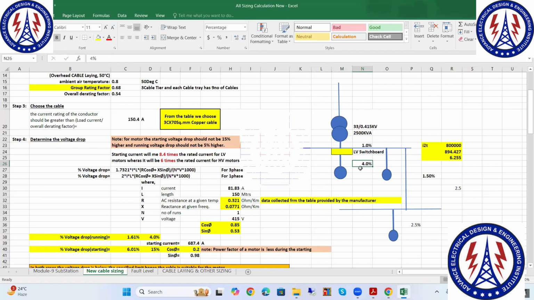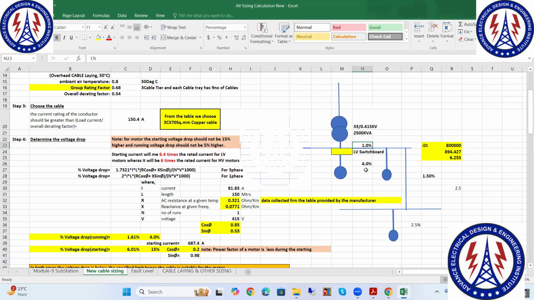That depends upon the distance or any other factor. If you are allowing more voltage drop percent for a higher length, you should provide some more margin in the voltage drop.